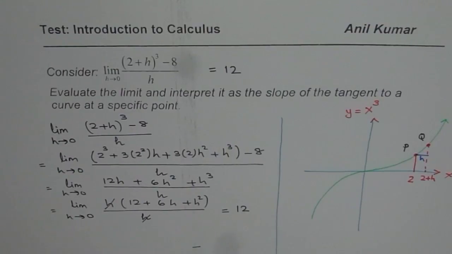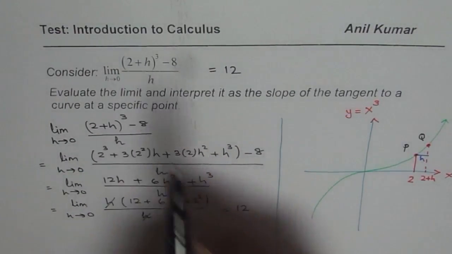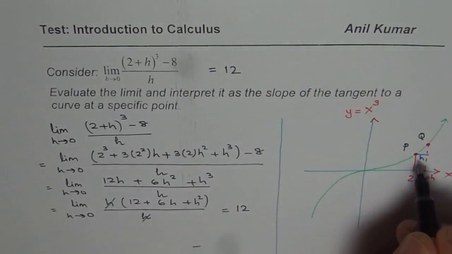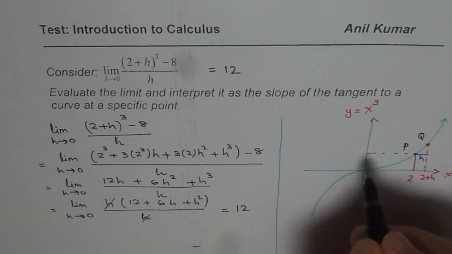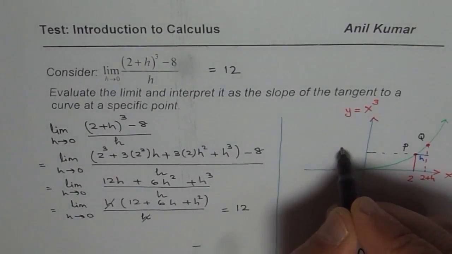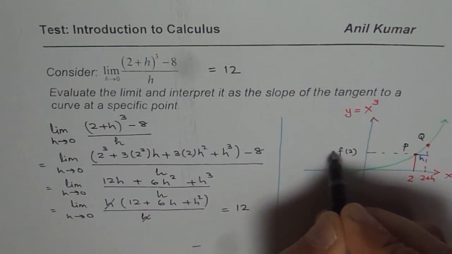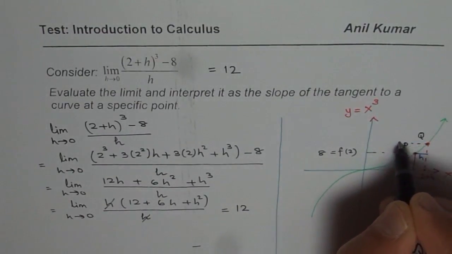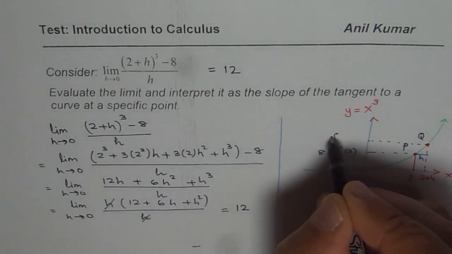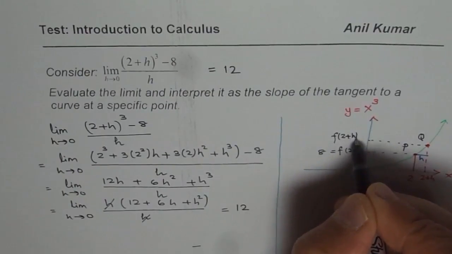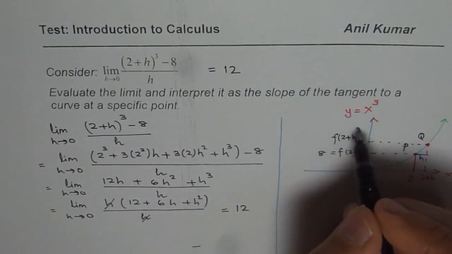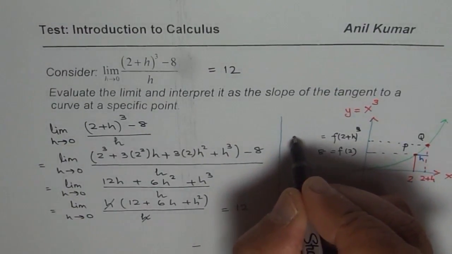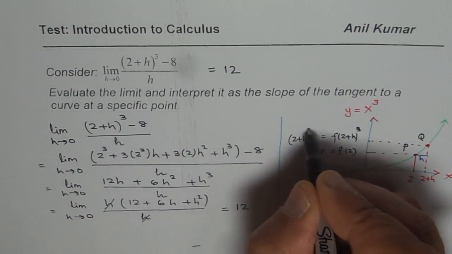Now what is the interpretation for (2 plus h) whole cube and 8? Now if I do 2 cube, I get the y value. Is it okay? So 2 cube is basically f of 2, right, which is 8, and the value here will be f of 2 plus h. You get the idea. f of 2 plus h is equal to (2 plus h) whole cube, right?